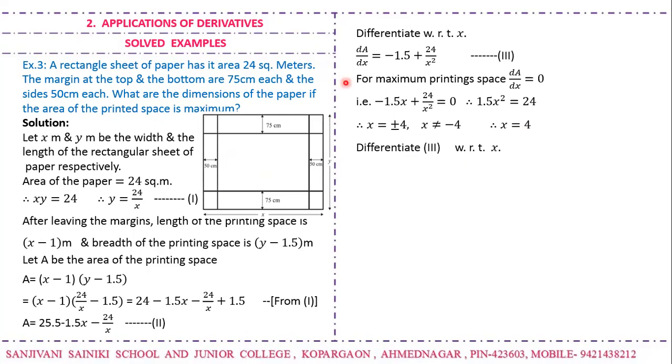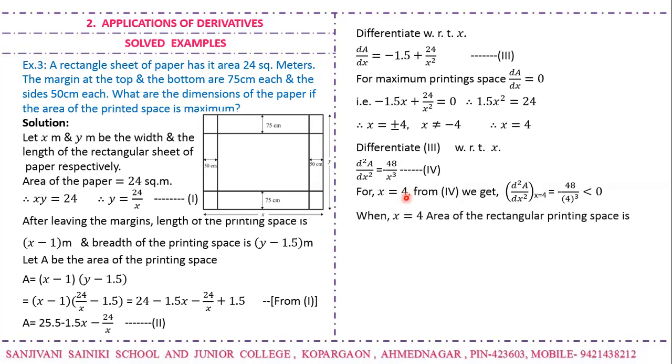Now again differentiate this equation with respect to x to obtain the second derivative. The second derivative is minus 48 upon x cube. For x equal to 4, the second derivative is less than 0, which is negative, so the function has a maximum at x equal to 4.